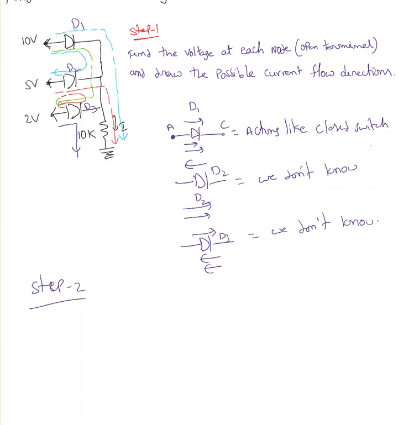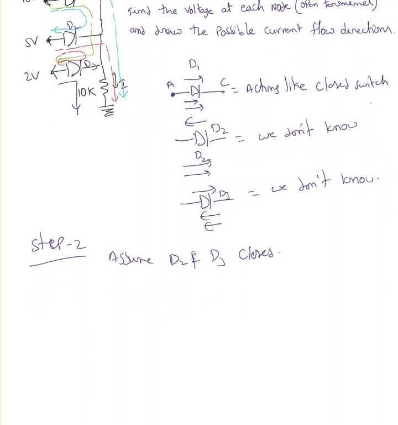So here, assume both diodes are closed. D2 and D3 closed, acting like closed switches. For sure I know that D1 is acting like a closed switch, 10 volt. Now what is the voltage at this node? 10 volt.